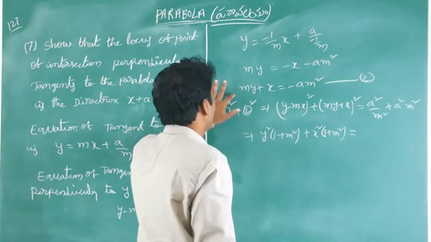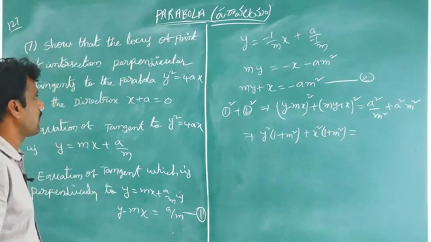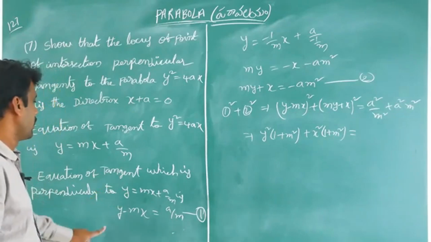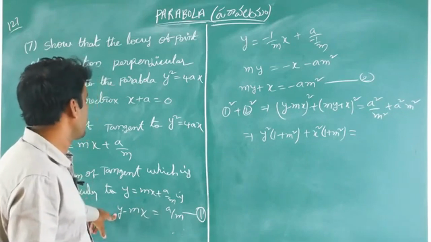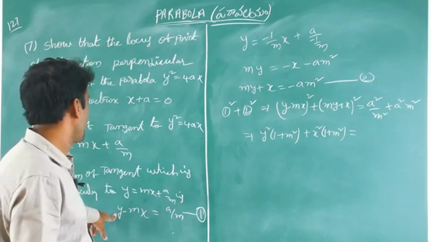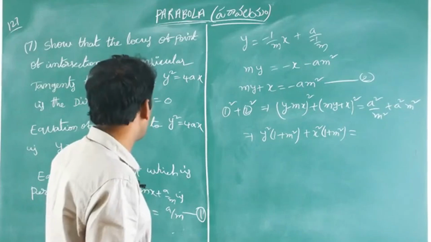Or eliminate m from 1 and 2. If we subtract, we get (1 − m)... a/m − am², that is a(1/m − m²).